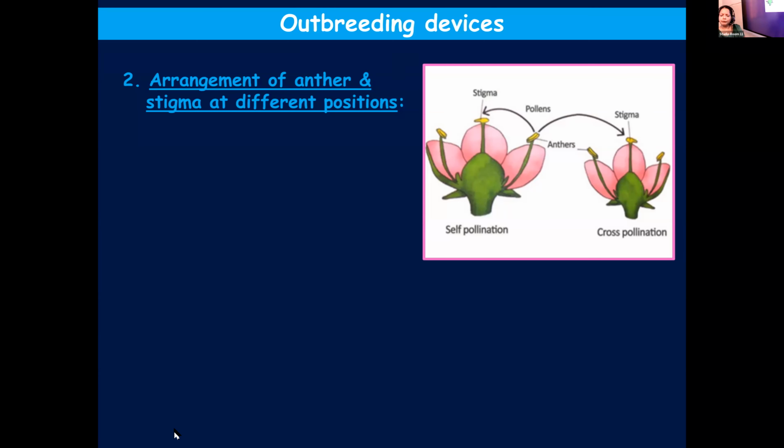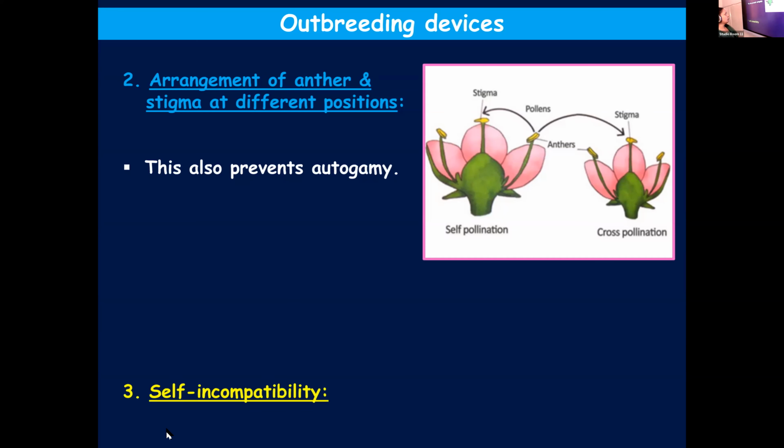But for avoiding self-pollination and promoting cross-pollination, anther and stigma will be placed at different locations. Different locations means within the same flower, not closely lined, but a little apart from each other, so that when the anther dehisces, the pollen will not fall on the stigma. So that also will help in preventing autogamy.